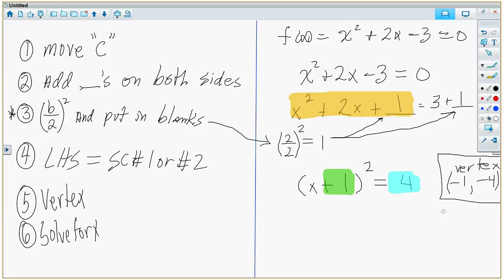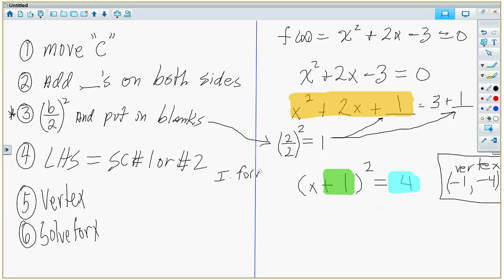Now, the other thing you could do is put it in intercept form. Write that down. I'm just going to put I form. That's intercept form. This is important because some of the homework and some of the test questions are not going to ask for the vertex.